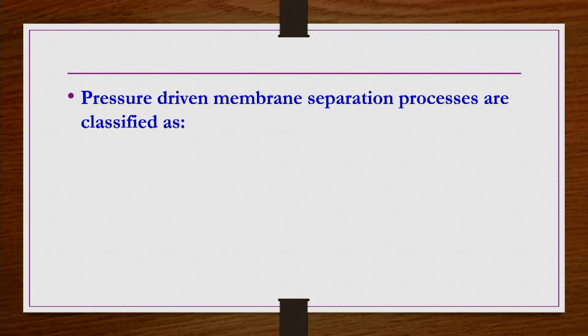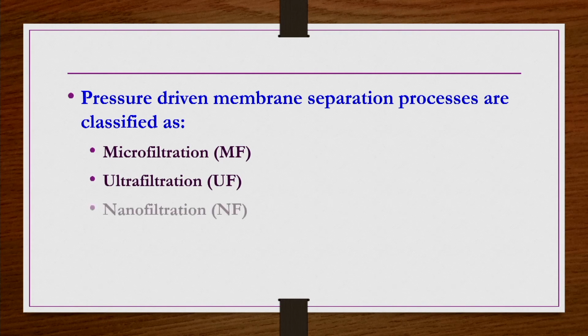So, what are these pressure driven membrane separation processes, which we have already seen? Microfiltration, ultrafiltration, nanofiltration, and reverse osmosis, which is also known as hyperfiltration. We are going to see a few details of these membrane processes.